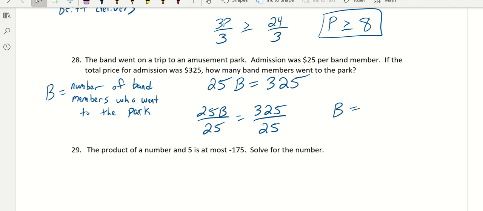And B is equal to 13. Right? 4 per 100. So 4 for 100, 8 for 200, 12 for 300, and then 1 more. So 13. If you wanted to put that in a sentence, 13 band members went to the park.